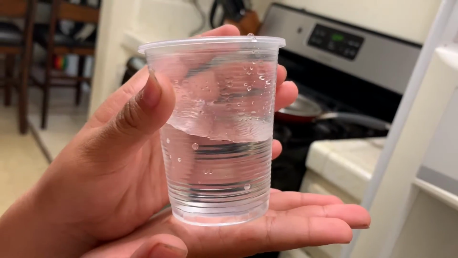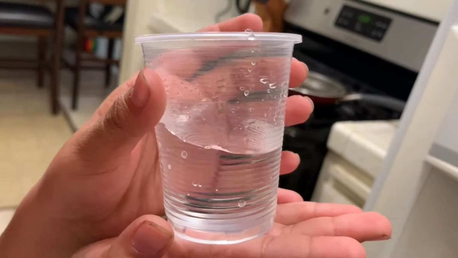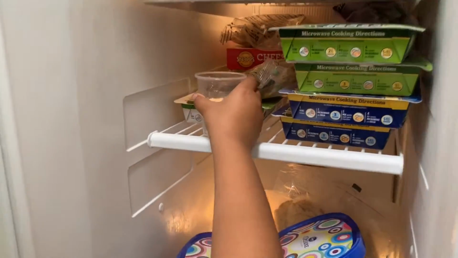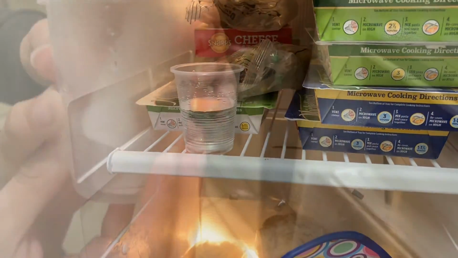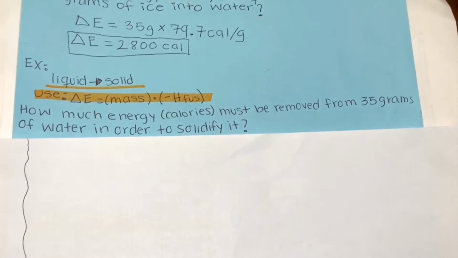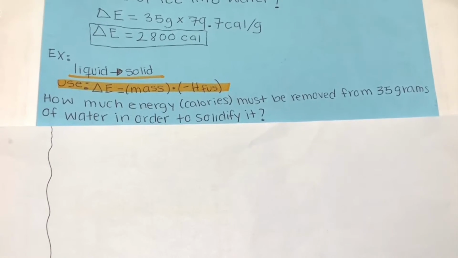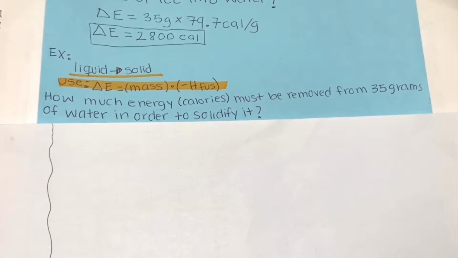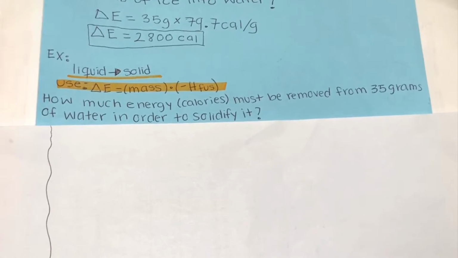To do the opposite process, change 1 gram of liquid to solid, freezing, the same amount of energy must be removed from the substance, and therefore the sign of the heat of fusion value must be changed from positive to negative. Our second problem says, how much energy in calories must be removed from 35 grams of water in order to solidify it?